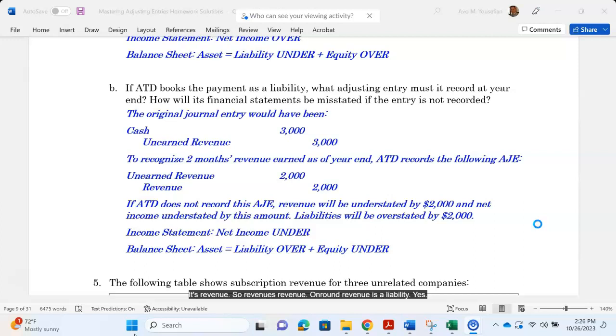Unearned revenue is a liability, yes. Deferred revenue or unearned revenue, it's the same thing. It's a liability. It's just like accounts payable, just like wage payable, salary payable, utility payable. Those are all liabilities. Okay.